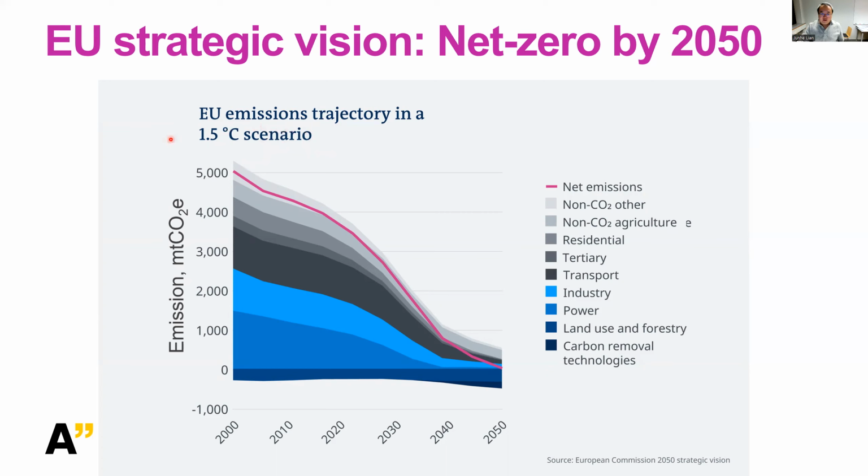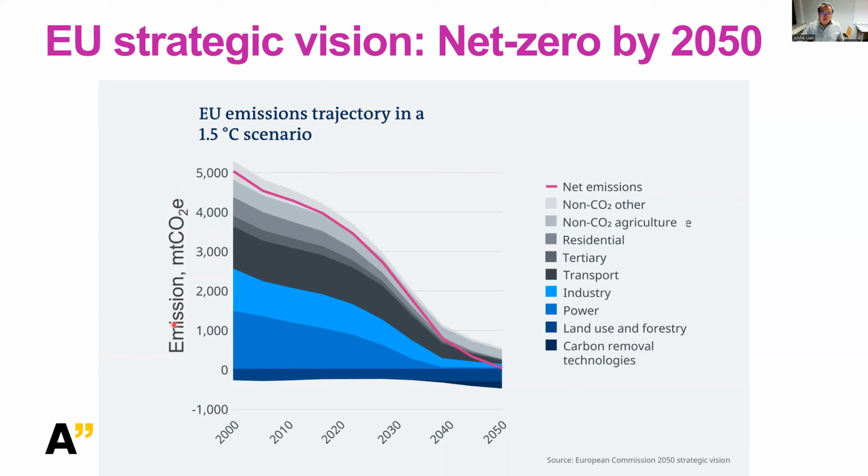Basically, this requires us to reduce CO2 emission. Global warming is mainly caused by greenhouse gases, and CO2 is the major issue there. To meet this strategy vision, the EU made the following strategy.